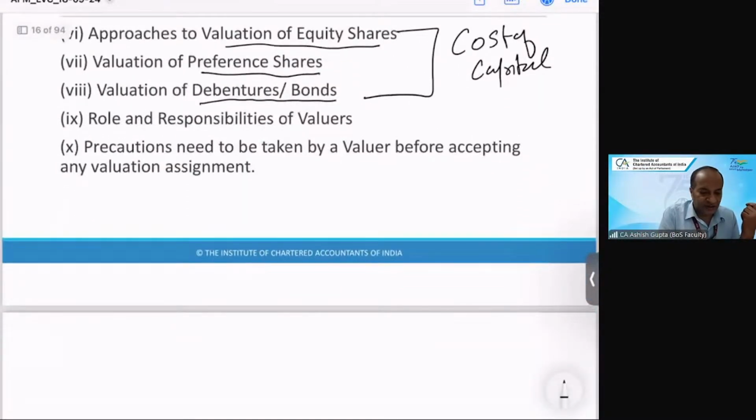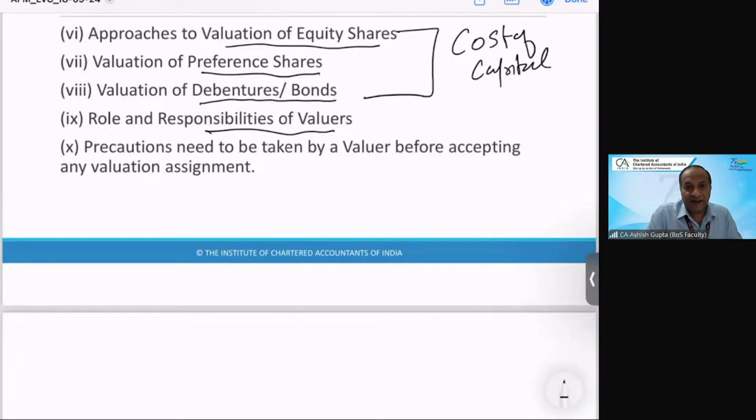Next comes a theoretical topic, role and responsibilities of the valuer. Nowadays, the role of the valuer has become very important because valuer services are used for many purposes. There is even a new career in valuation for chartered accountants; many CAs are becoming valuers nowadays.